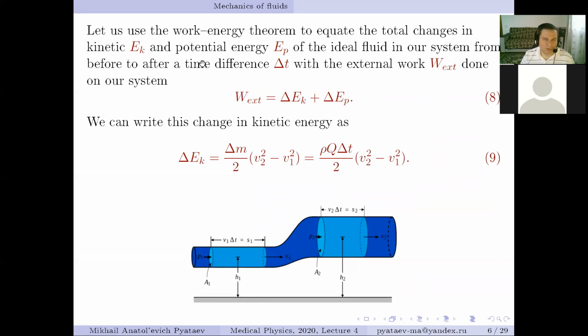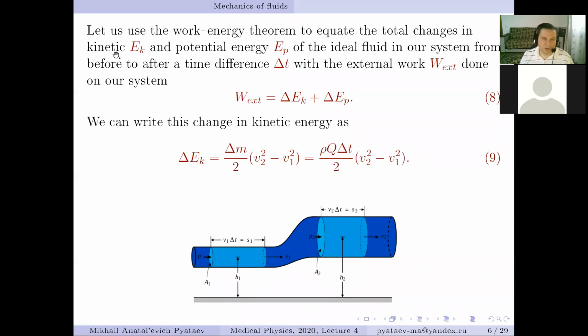We have discussed before that the kinetic energy is changed if we have a force acting on the solid body. The same is true for fluids also. There is no big difference in this way between fluids and solid objects. That's why we can say that change in kinetic energy equals work done by all forces.